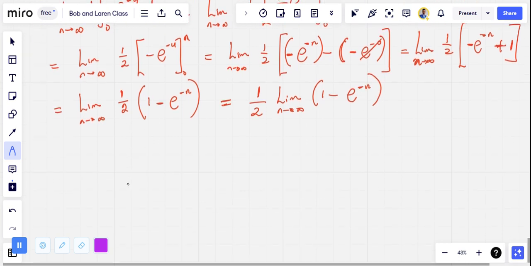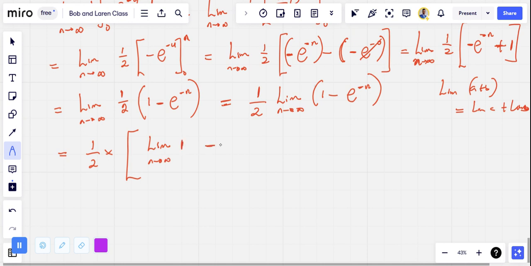If you have the limit of a plus b or a minus b, it's equivalent to the limit of a plus the limit of b. That's a property of limits, so I can split this up. I have the limit as n tends to infinity of 1, minus the limit as n tends to infinity of e to the power of minus n.